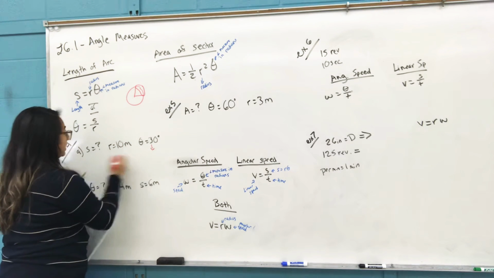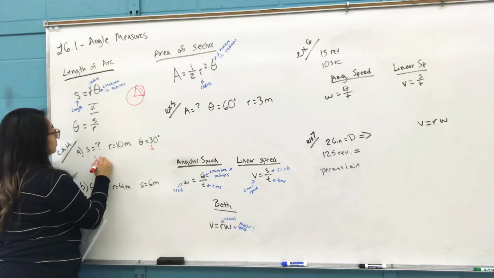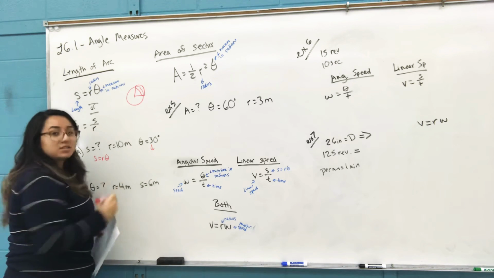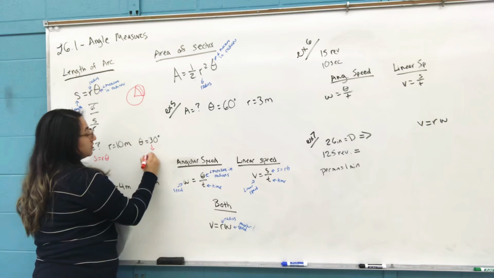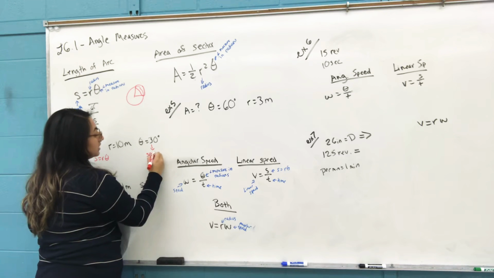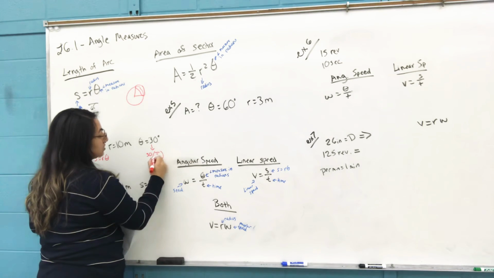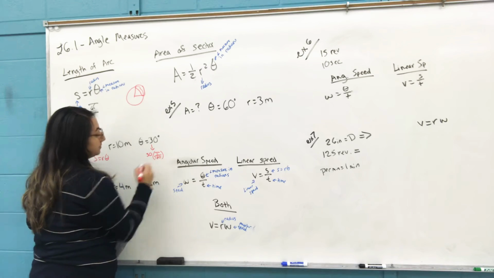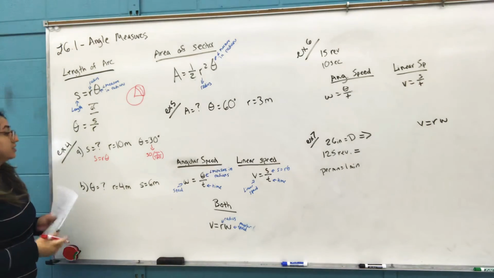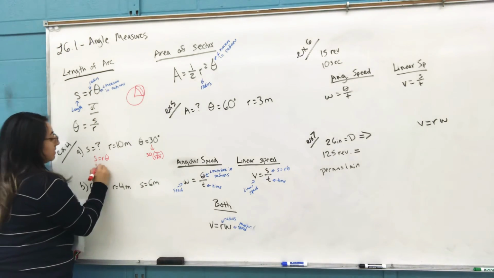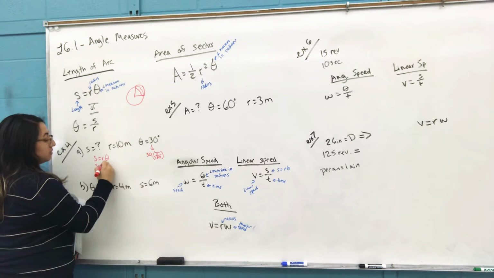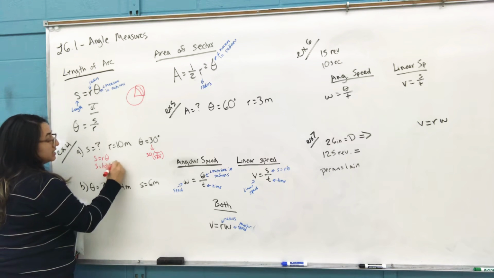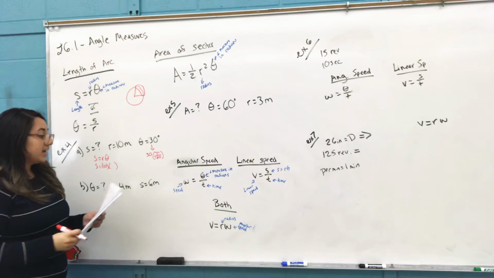Before we even begin to plug it into our equation, which is R times theta, we have to convert this to radians. To convert to radians, it's 30 times pi radians over 180. So when I do that, I have S is equal to radius, which is 10, times your theta, 30 times pi over 180.